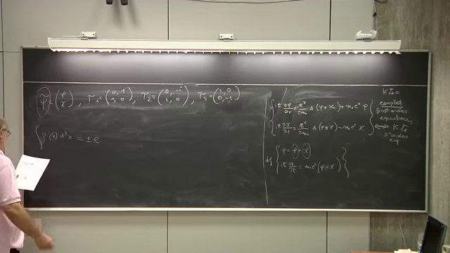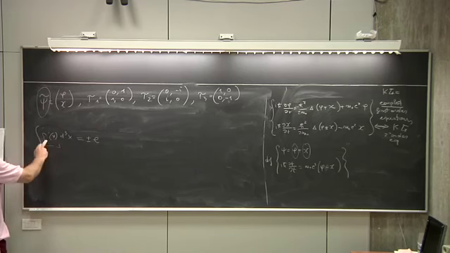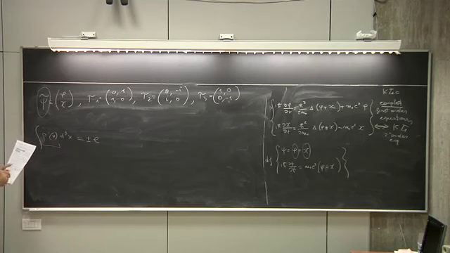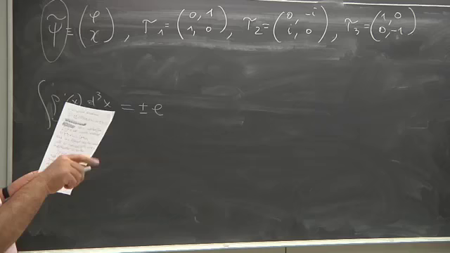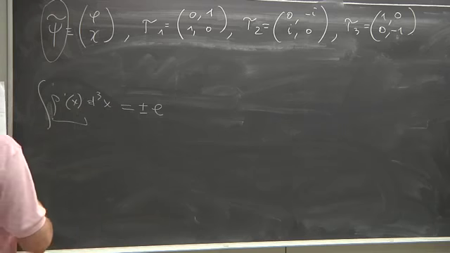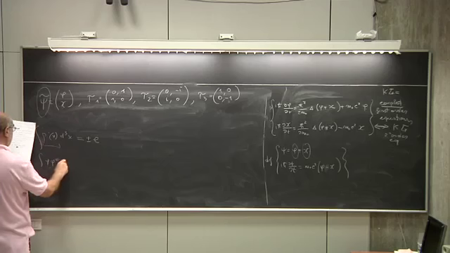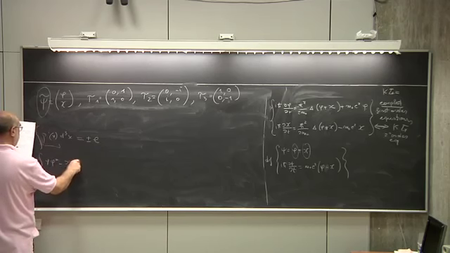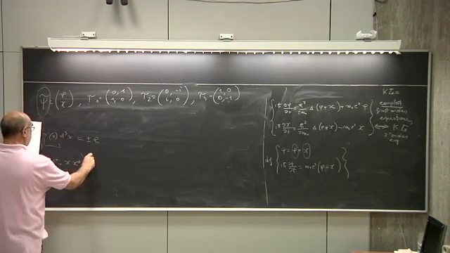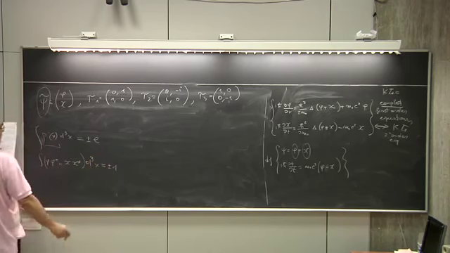So this is the thing. But let's remember the expression that I cancelled of rho prime. The expression of rho prime was phi star phi minus chi star chi. Okay, so there was a minus. So what you get is the following: the integral of phi star phi minus chi star chi d3x is equal to plus or minus 1.